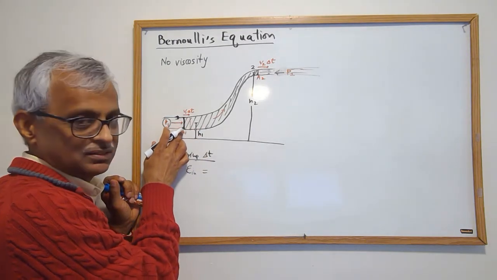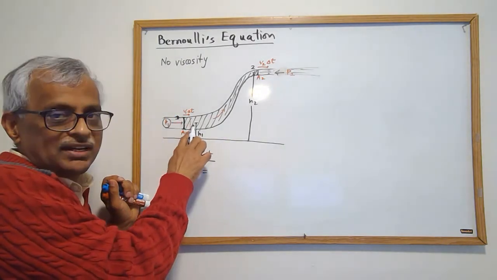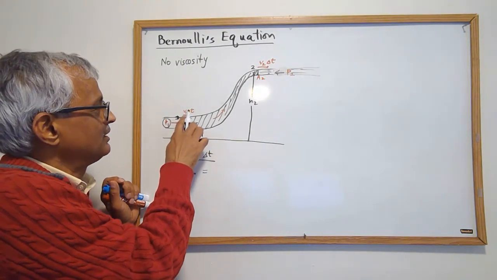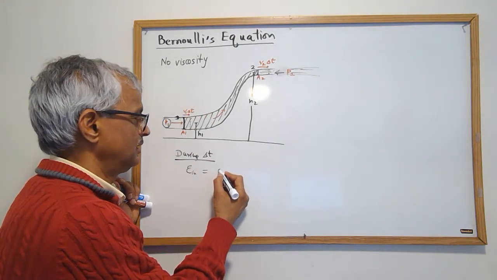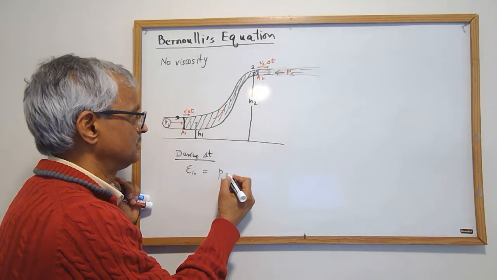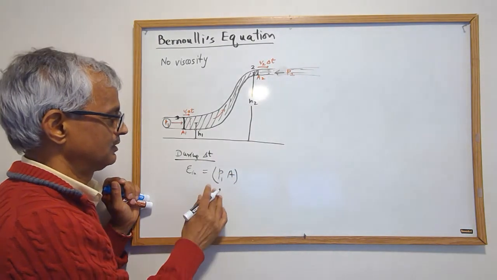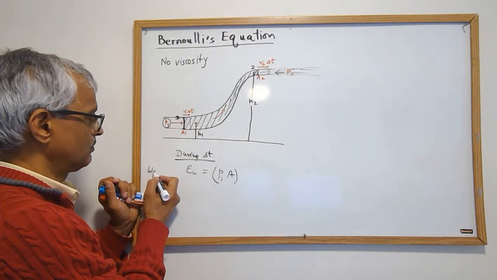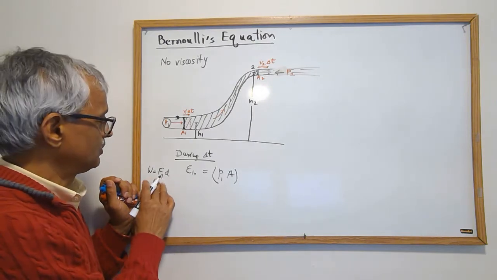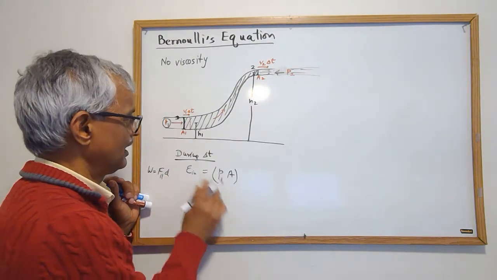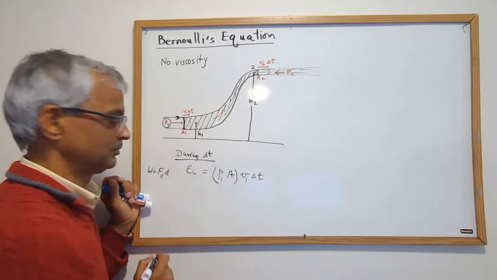If this was the surface of the fluid and you had a plunger, it would have gone up that far, and that's V1 times delta T. That's how far it will have gone. So it will be P1 times the area. That's the force. So the work is force parallel times d. The force is parallel, and the distance traveled is V1 times delta T.